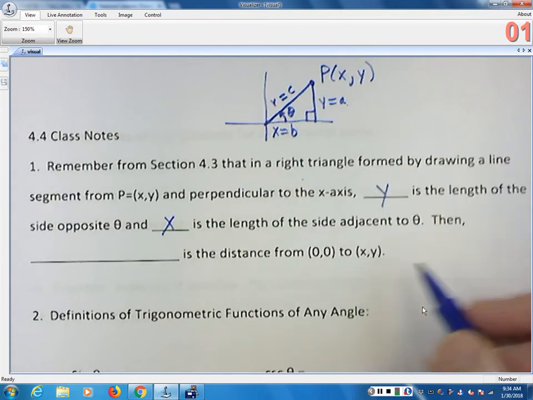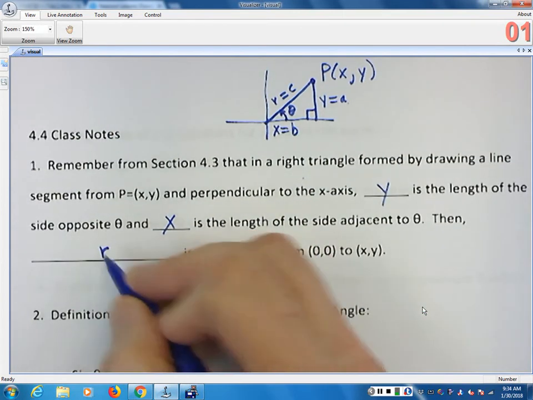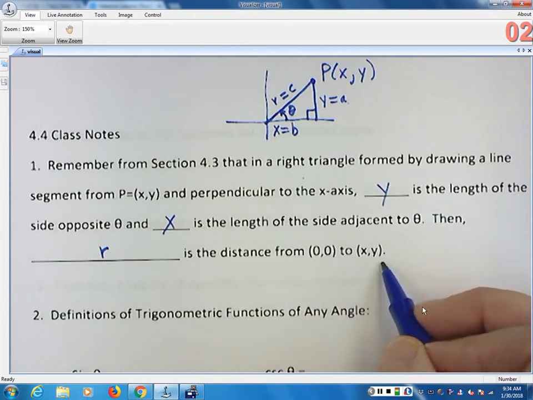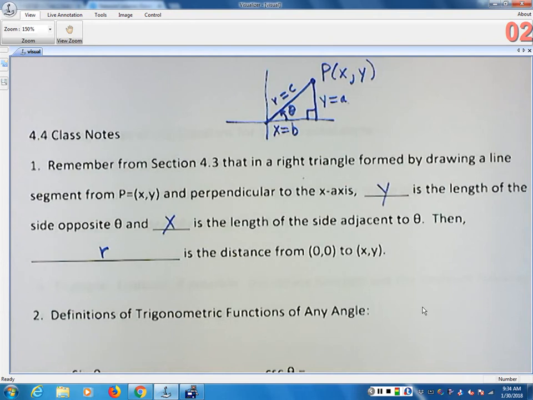Then r is the distance from 0, 0 to x, y.